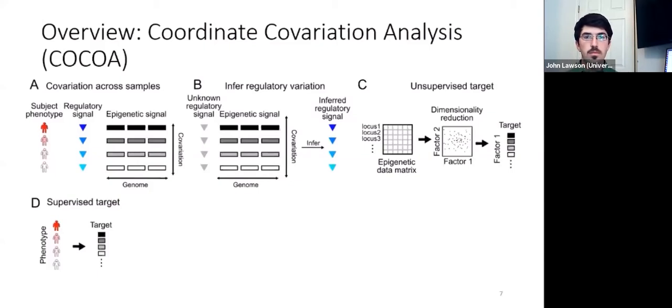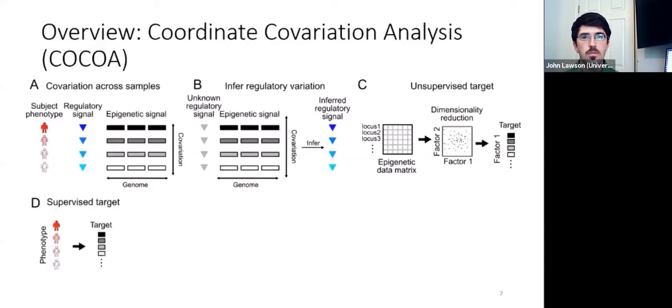And so we do some kind of dimensional reduction, for instance, principal component analysis, and we take the latent factors, the principal components, as our target variable for the analysis. So we want to understand basically what is the biological meaning of the epigenetic variation represented by these principal components.